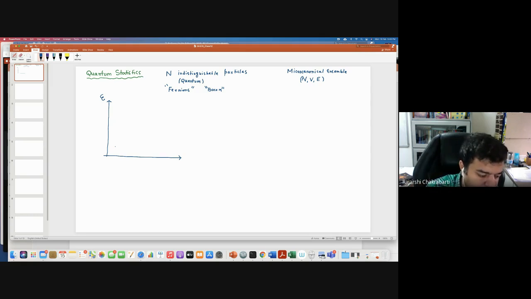These are single particle energy levels. I just divide into cells like this.